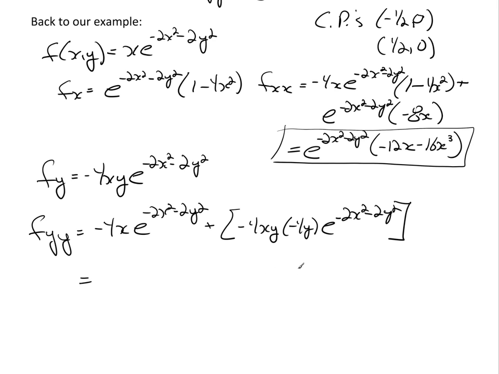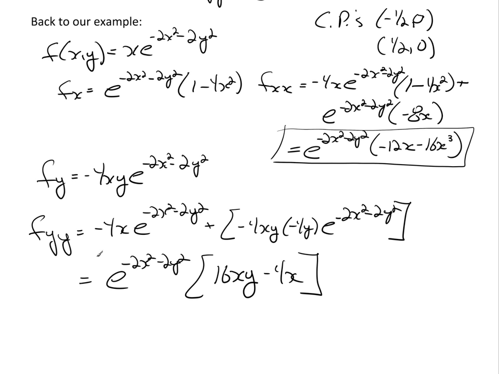Let's do a little factoring. I'm going to have e to the negative 2x squared minus 2y squared times, when I collect everything, 16xy squared minus 4x.